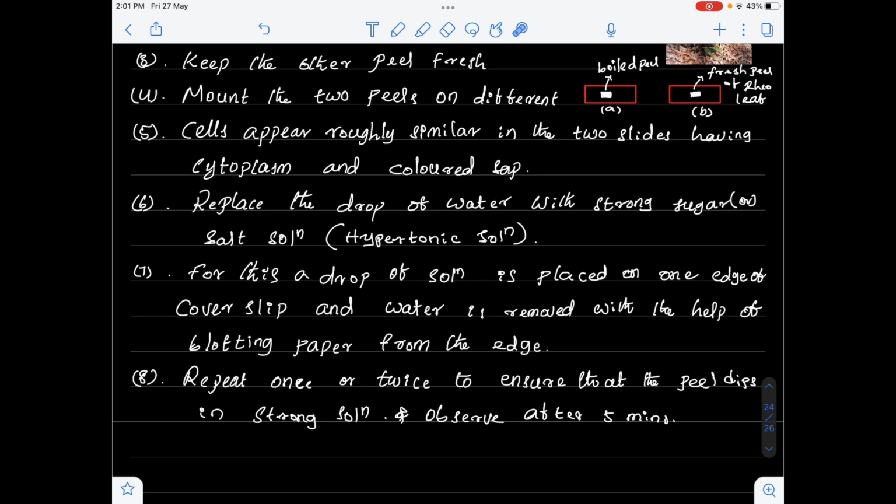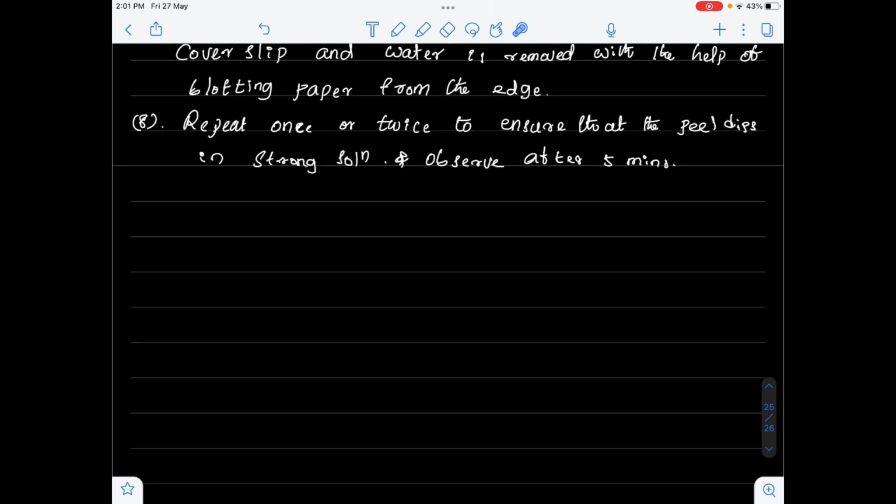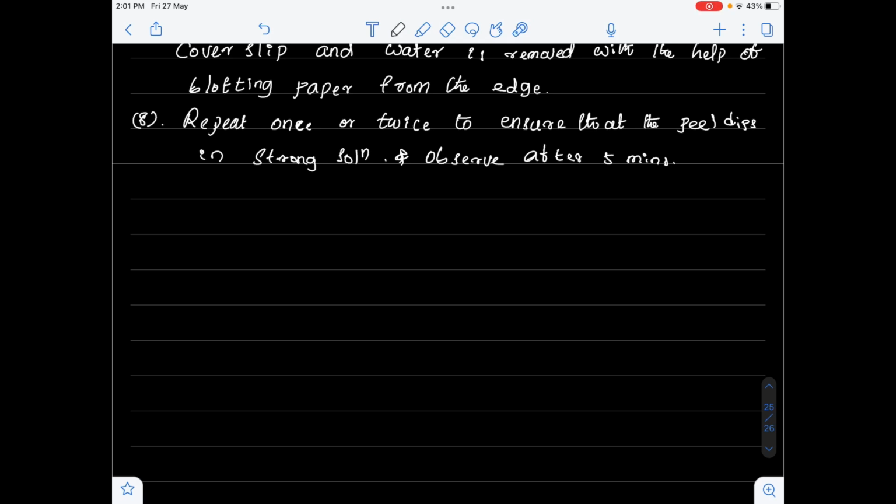So after doing this repeatedly once or twice, we should wait for 5 minutes. So after 5 minutes, what can we observe? Let us take that under observation.